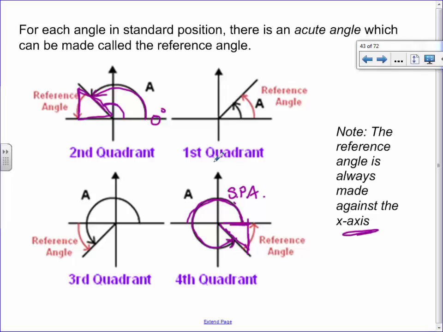The reference angle could be the last little bit left over. So in quadrant 1 then, your reference angle is your standard position angle, by the way. There's nothing special here. In quadrant 2, you get a little triangle kicking around over here. In quadrant 3, you get a little triangle kicking around right here.